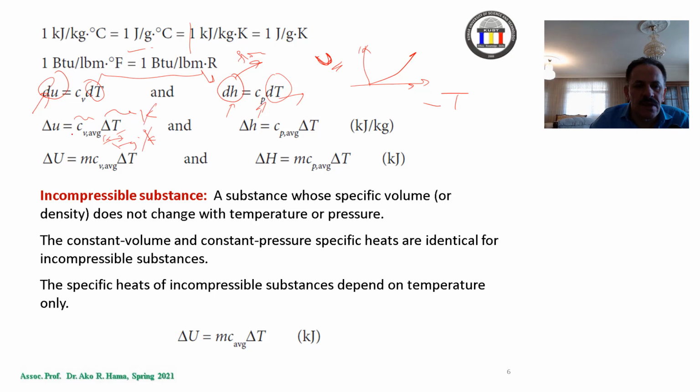So what will be happening, we will have the delta U, it means how many kilojoule per kilogram, and if I multiply this by the mass, I will get delta U in absolute, how much kilojoule there will be. The same that we have here. Also the delta H here will be kilojoule per kilogram per Kelvin.